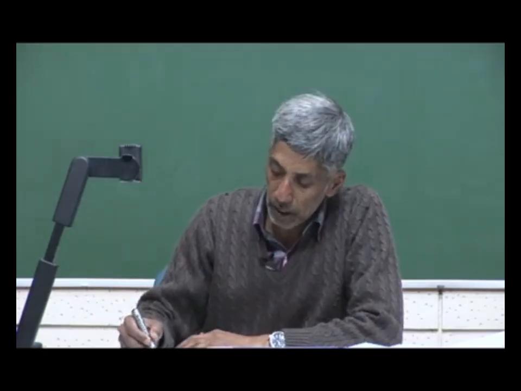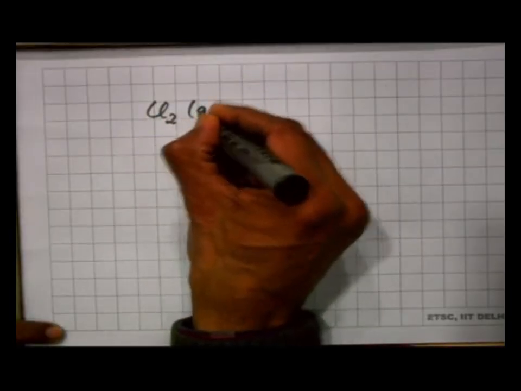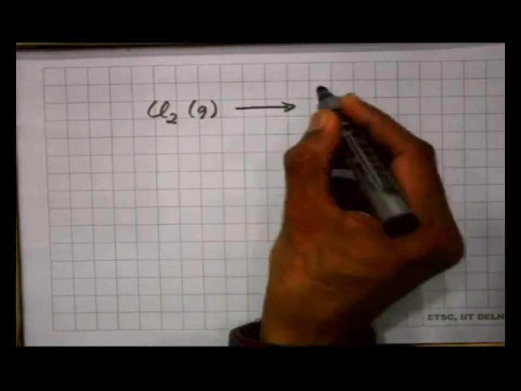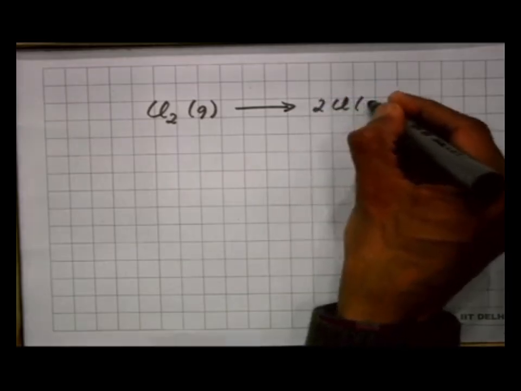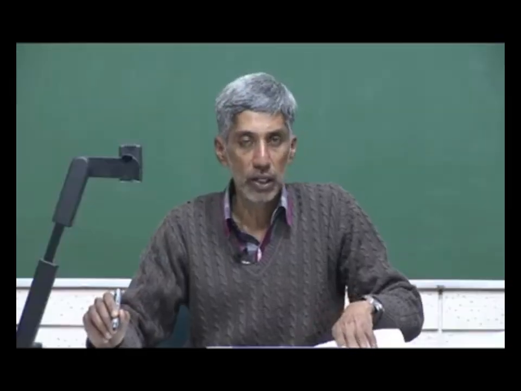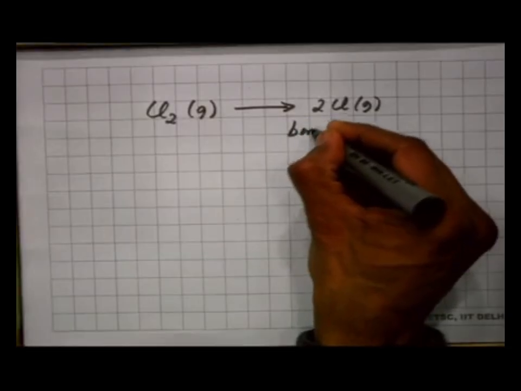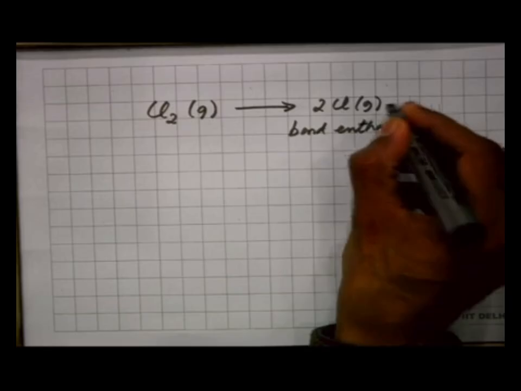Let us take a particular example. Let us imagine that I have Cl2 gas and I break this. If I break this, it will give me 2 Cl gas, and the heat that is required to break the Cl2 molecules into 2 Cl atoms gives you the bond energy or bond enthalpy if you are looking at it in terms of thermodynamics.